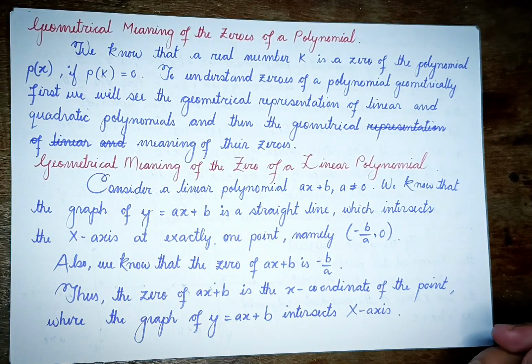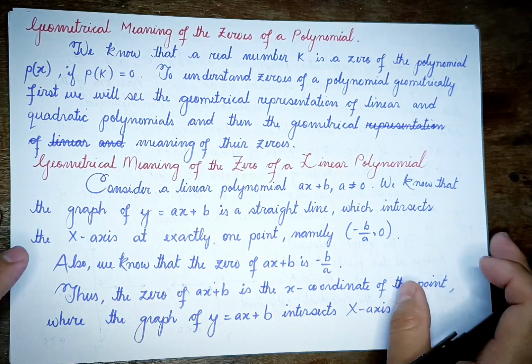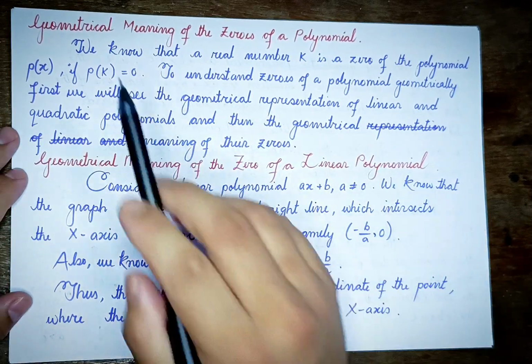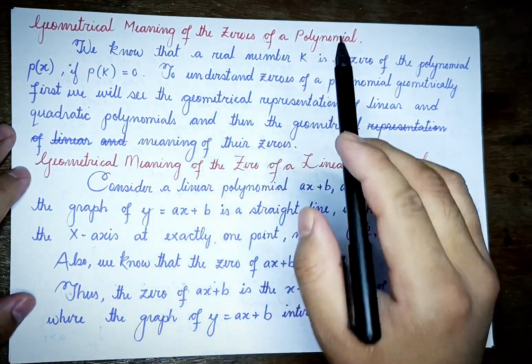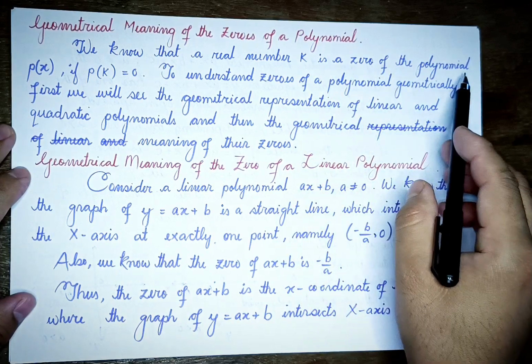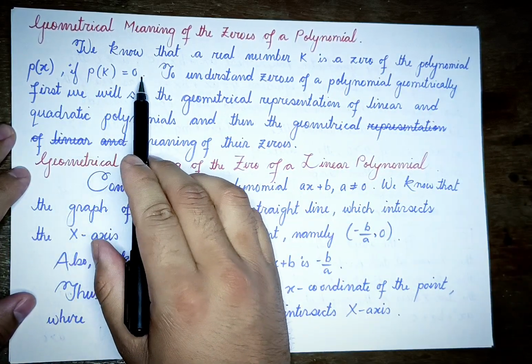Next is the geometrical meaning of the zeros of a polynomial. Let's start. We know that a real number k is a zero of the polynomial p of x if p of k is 0.